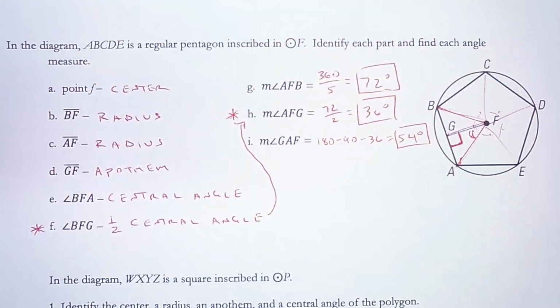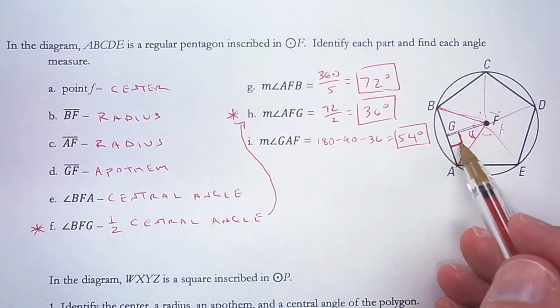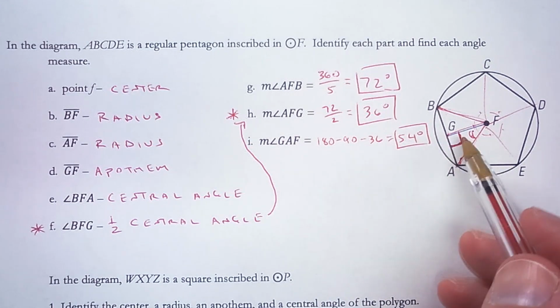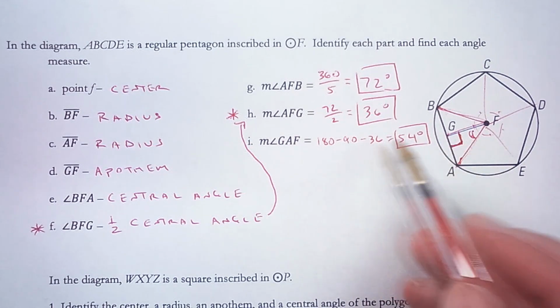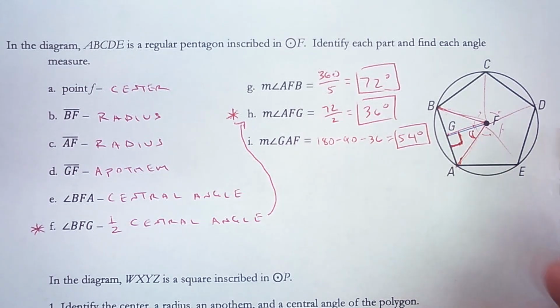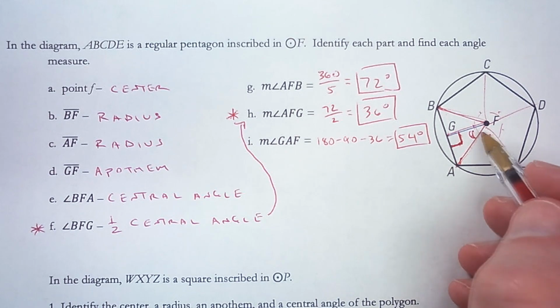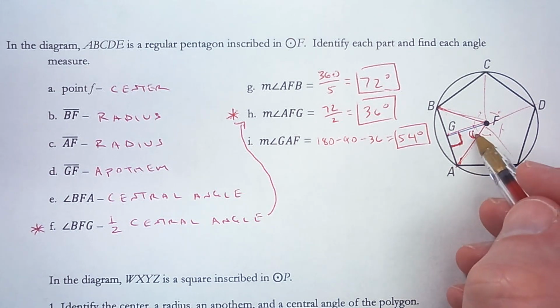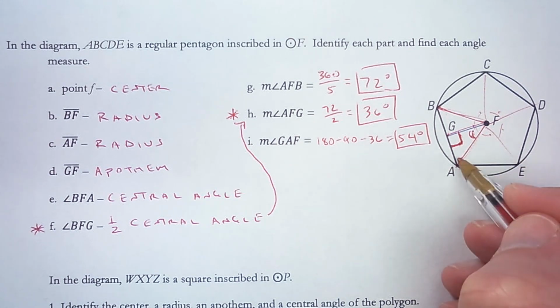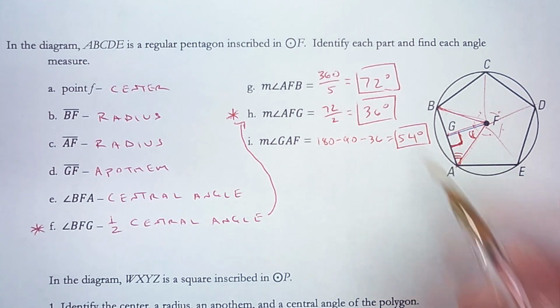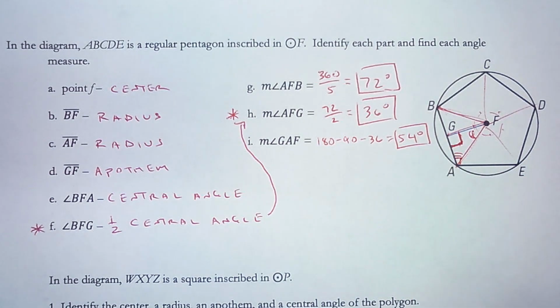Now we could remember that if I have a 90-degree angle, then all I really have to do is 90 minus 36, because 180 minus 90 is 90. So when I have a right angle and one of the angle measures other than the right angle, all I have to do is 90 minus this one, and it gives me this one here at 54 degrees. Okay, so that would just be a little shorter way of doing it.